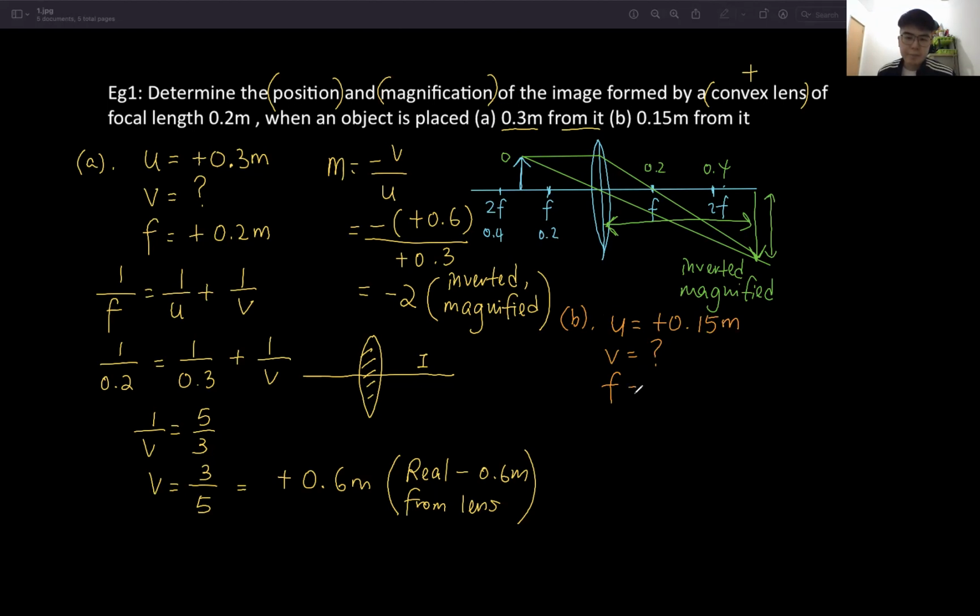And my f is the same, positive 0.2 meter. So I do 1 over 0.2 equals 1 over 0.15 plus 1 over v. I get 1 over v equals negative 5 over 3. V would be negative 3 over 5, negative 0.6 meter.